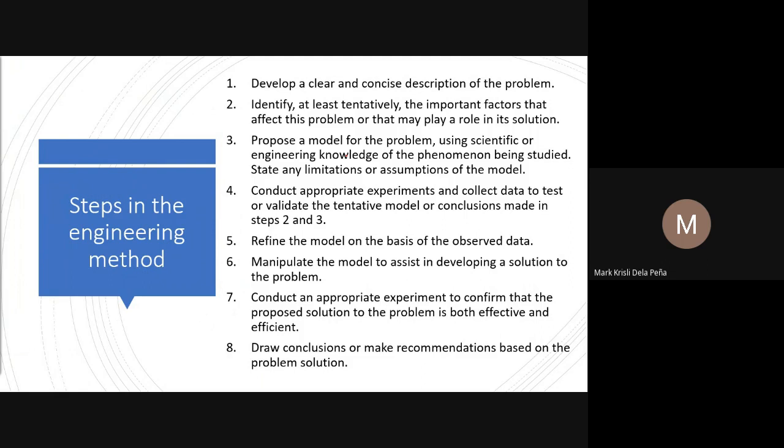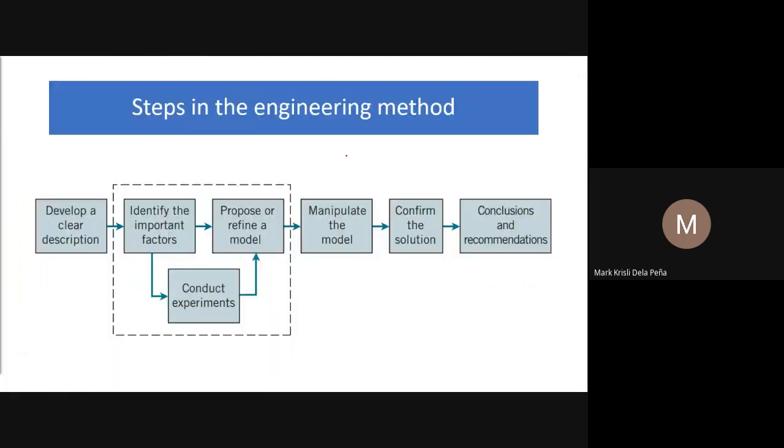After that, we then make conclusions or make recommendations based on what we have done in the previous steps. Okay, these are the steps in engineering method. Now, as you can see, you have to take note of steps 3 to 4. We can actually iterate it if in case the proposed model is not yet that effective, then we can reiterate it until we can improve it further.